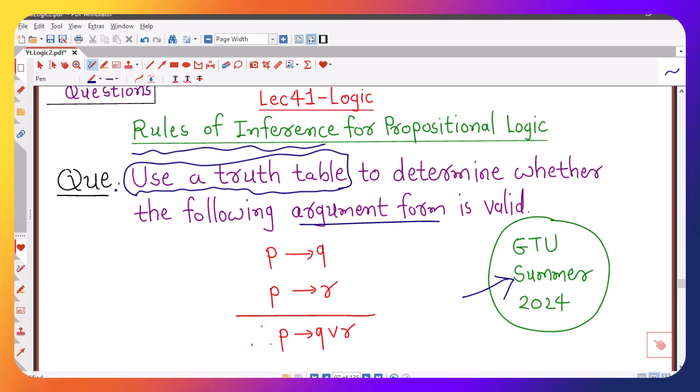So whenever they specify to use truth table, you must check the validity of argument using truth table only. And if nothing is specified, then you can use either truth table or some standard rules of inference to determine the validity of argument form.